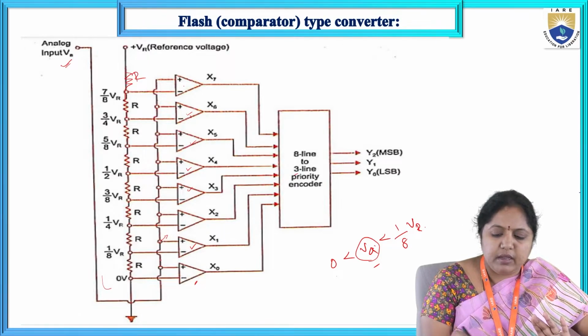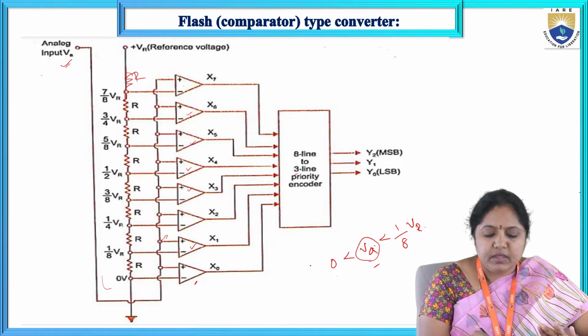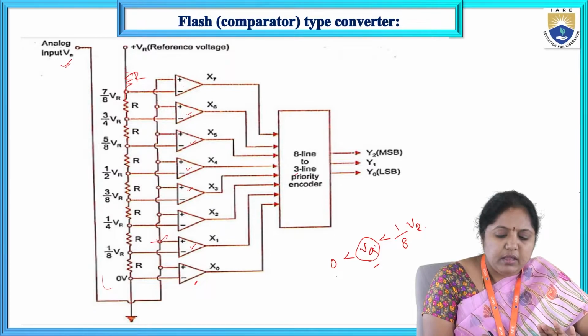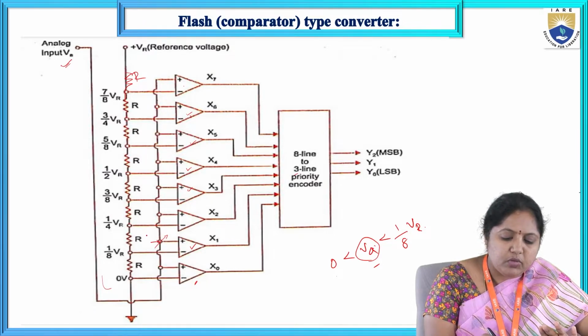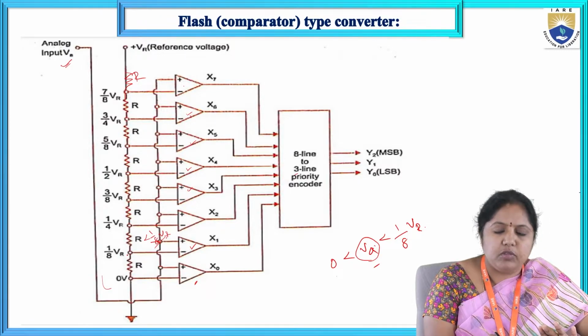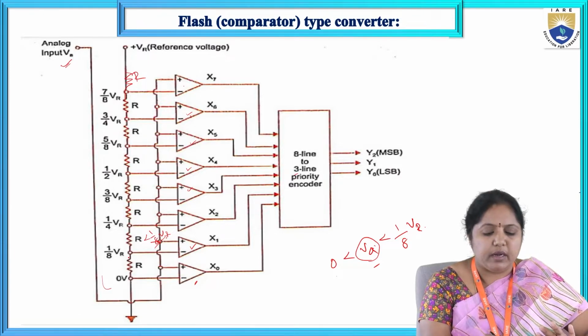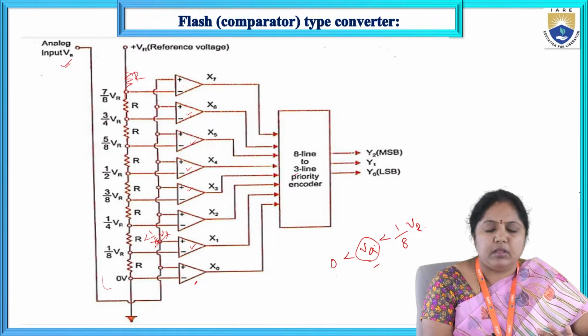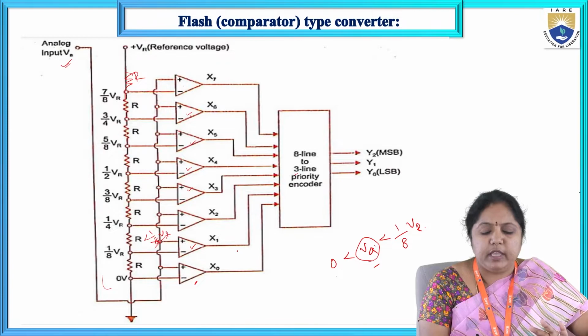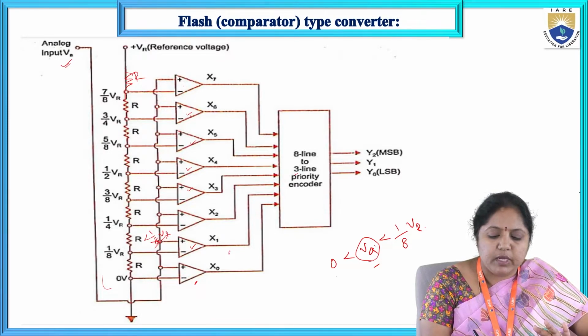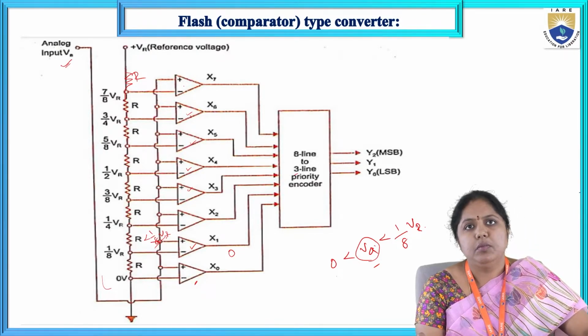So for this comparator, the voltage at this node is less than 1 by 8 into VR and the voltage at this node is 1 by 8 into VR. If this is the case, what is the output of X1 here? The output of X1 equals simply 0. Why?